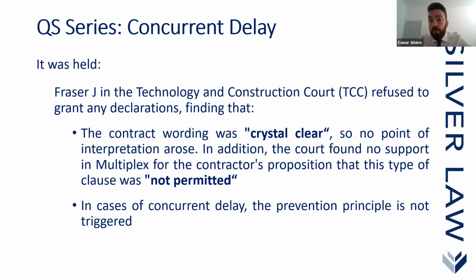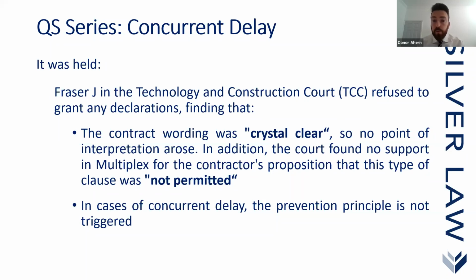He's dealing with the third proposition by Jackson, which says that if the clause wording is ambiguous, it should be construed in favor of the contractor. Justice Fraser is saying that doesn't apply because the clause wording is crystal clear here, so there is no point on interpretation.